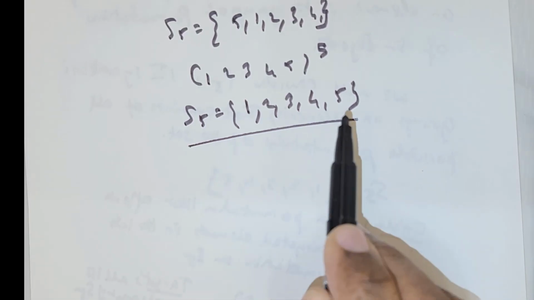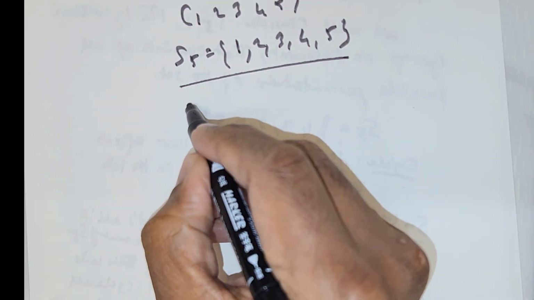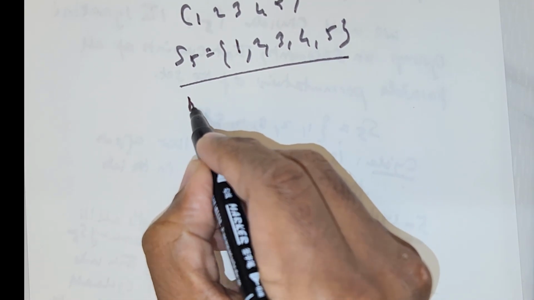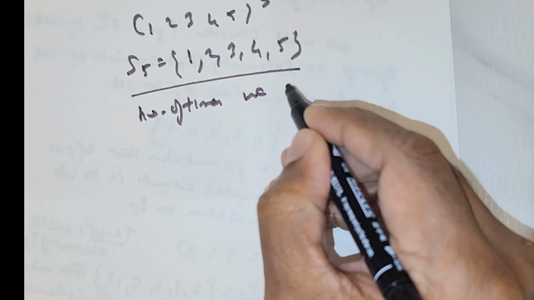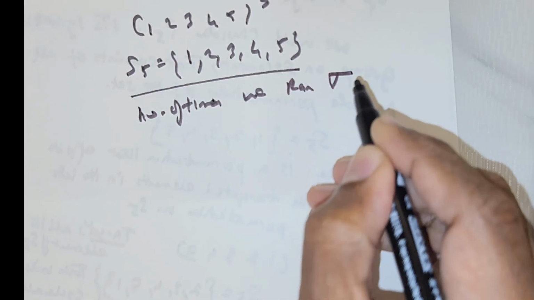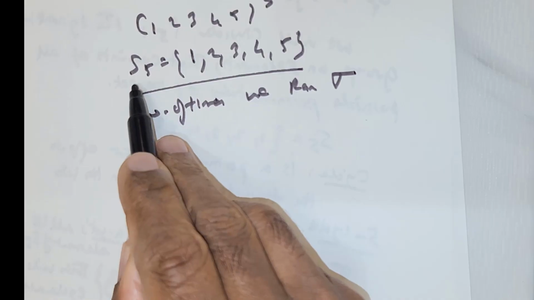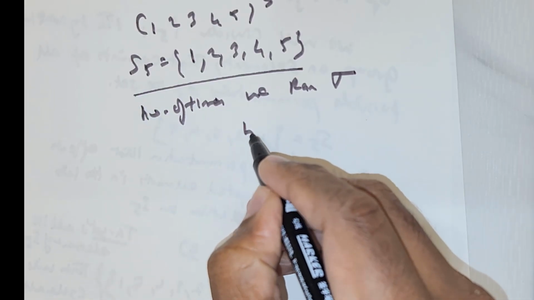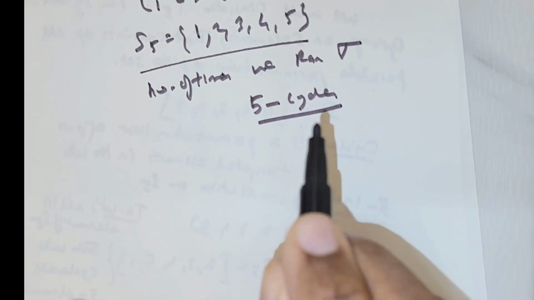So we are getting the original set back. What is the number of times we ran sigma? We performed it 5 times, so that's why we call it a 5 cycle.